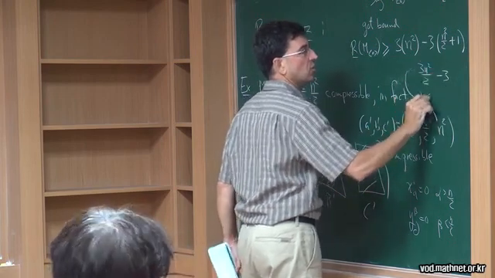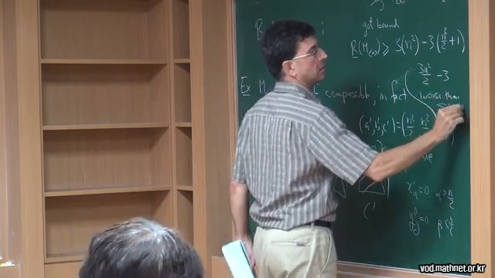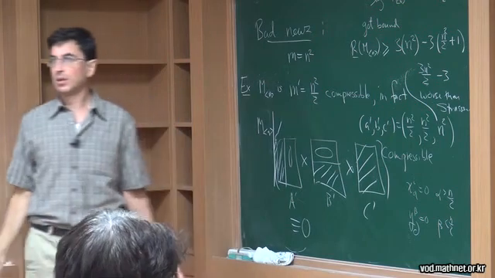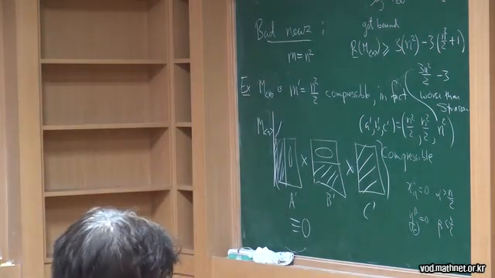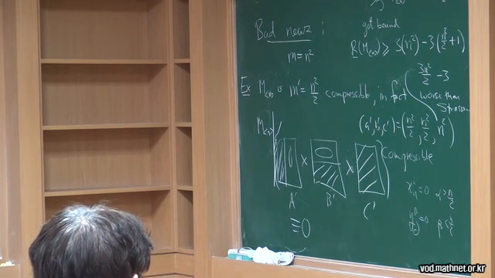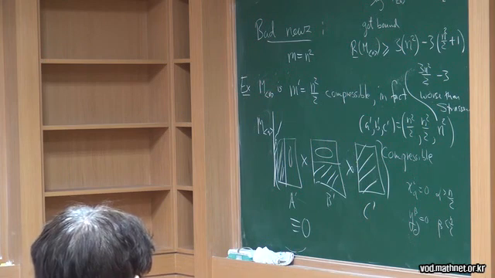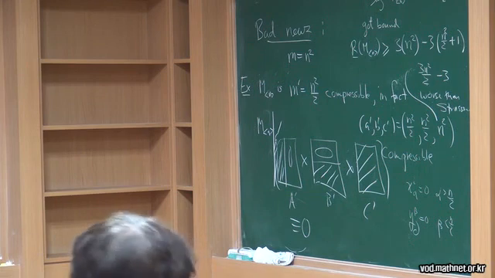This is worse than Strassen. So it's behaving like a tensor of very low border rank. Well, it has the same compressibility as a tensor of very low border rank, very low rank. That's what I mean.